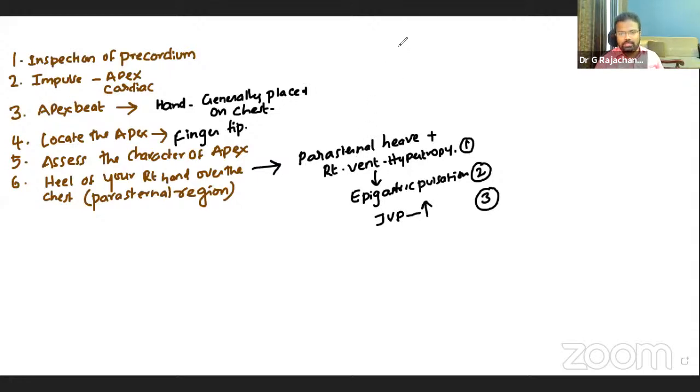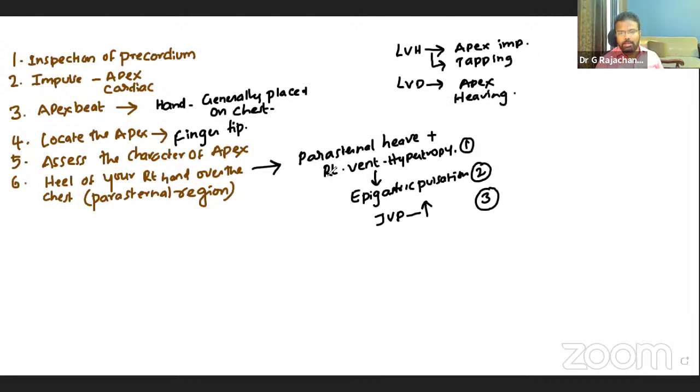For example, whenever there is a left ventricular hypertrophy, please remember this, there will be an apex impulse, and this apex impulse is going to be of tapping quality. With left ventricular dilatation, there will be an apex impulse, but it will be more heaving in quality.